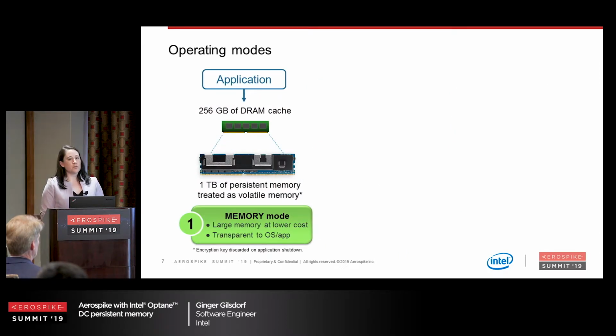Okay. So with this technology in DIMM form factor, Intel's enabled 2 main operating modes. I'm starting with the one that I consider the least interesting, and it's called memory mode. I think Srini referenced this yesterday when he said there's plenty of companies out there using this persistent memory as a large cache. This is what he's referring to.